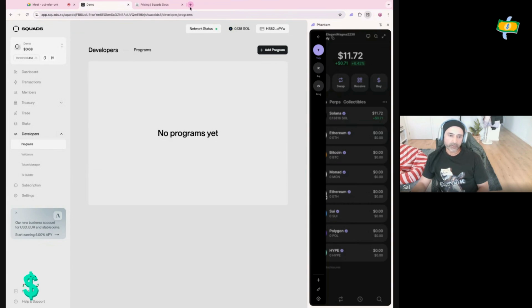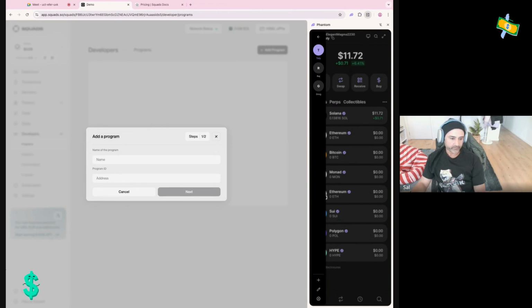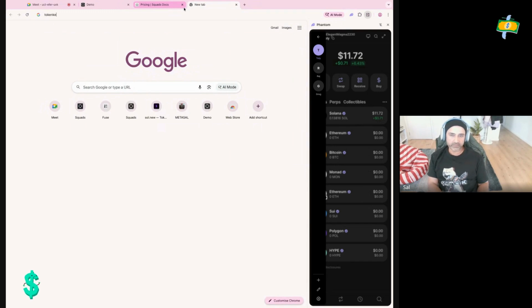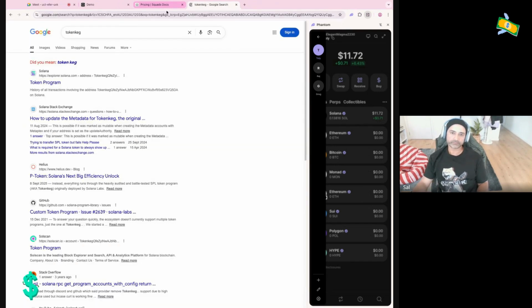So the program on Solana can be deployed by anyone, but you can provide control to a multisig, right? Now, I don't know if you guys are interested in the technical part of it, but we can go into it considering there's only a couple of people here. But yeah, you add a name of a program, you get the token address, and hopefully this is the one that you've deployed yourself.